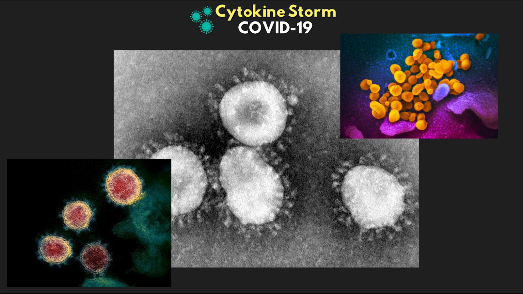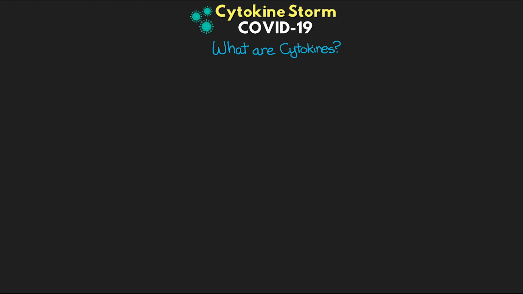And so I'm going to go through and talk about what's happening here specifically with COVID-19, but really to understand this stuff, we have to start off with some basics and really talk about what are cytokines. Essentially, at their core, cytokines are small soluble molecules that serve as messengers for the immune system.